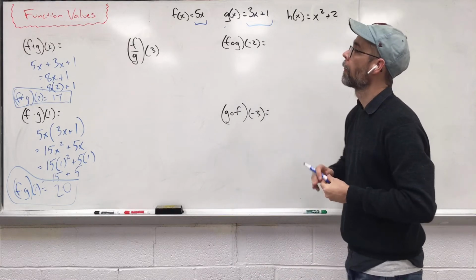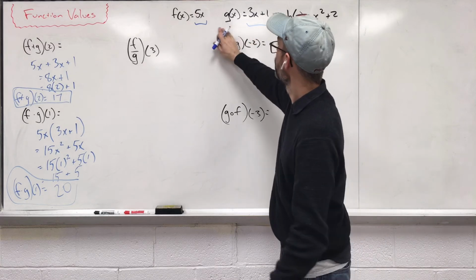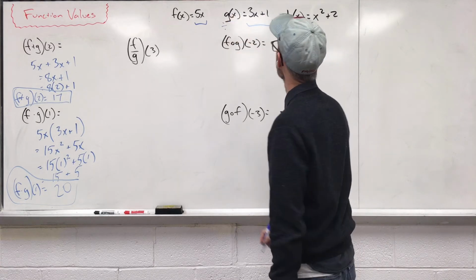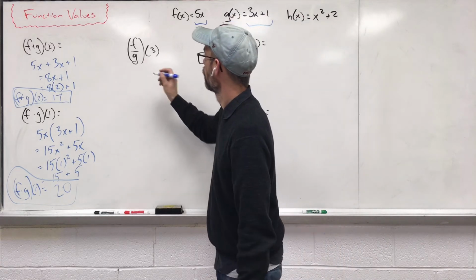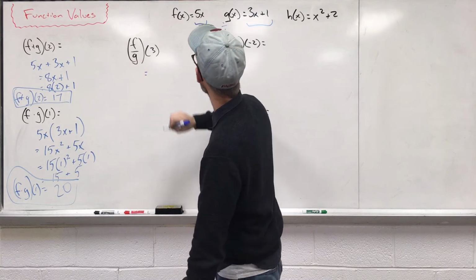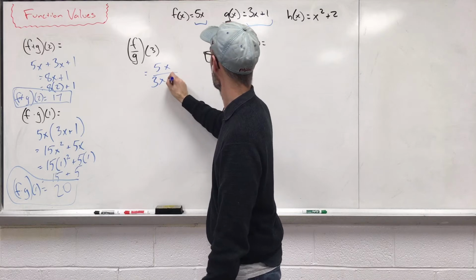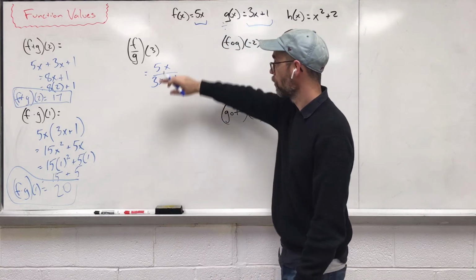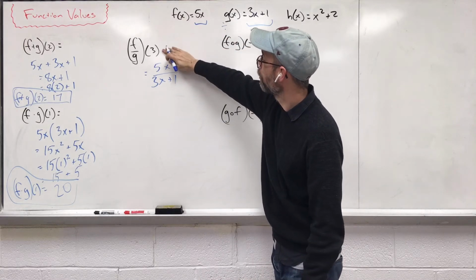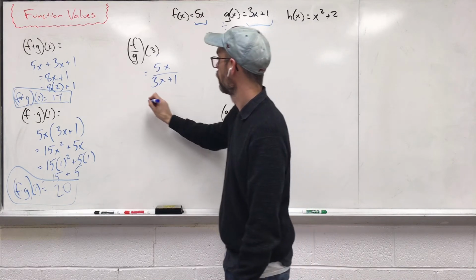Okay, what about division? Still talking about these same two functions, we're going to divide them. So when I rewrite, I get 5x over 3x plus 1. Everywhere I see an x, I'm now going to put a 3.